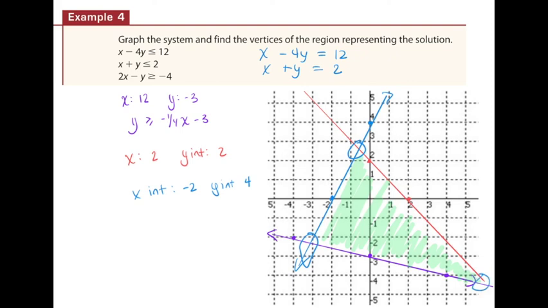You need to know the vertex. And in order to find the vertex, you have to know exactly where it crosses. The only way to figure out exactly where these cross, especially if it's something like in the thirds, is to actually set them to equalities and use your method of either substitution or elimination.